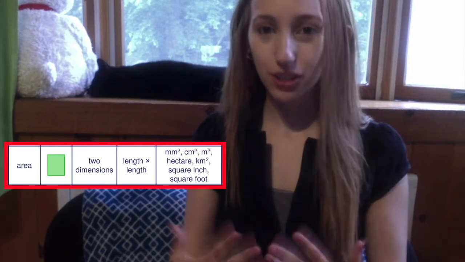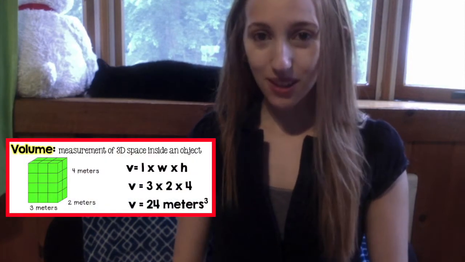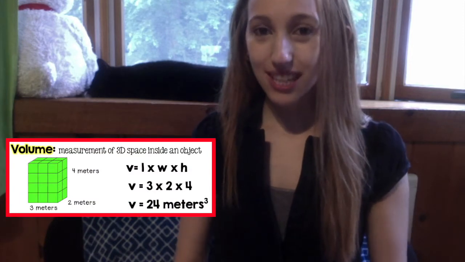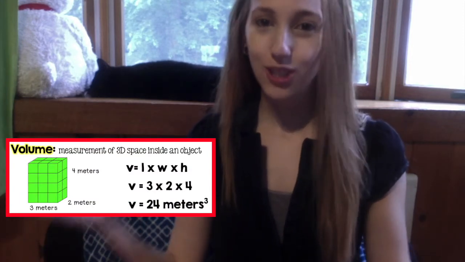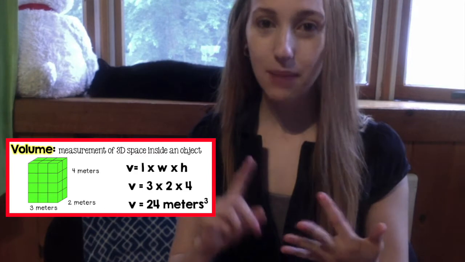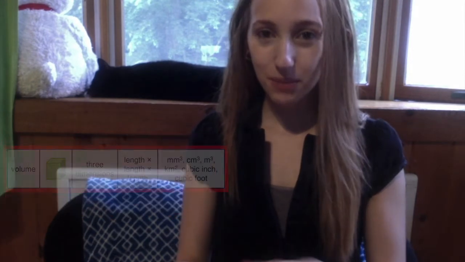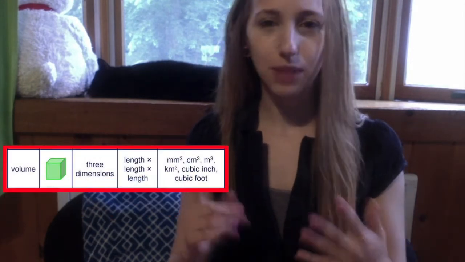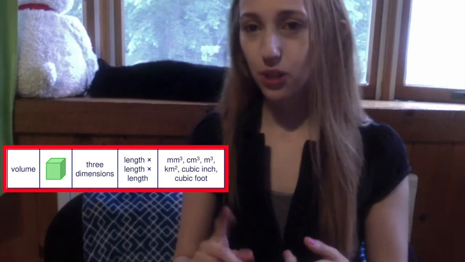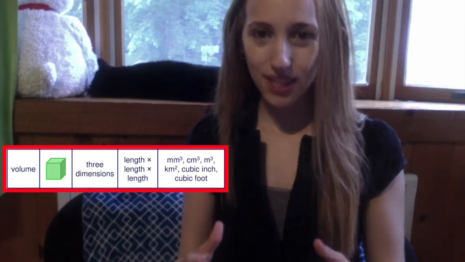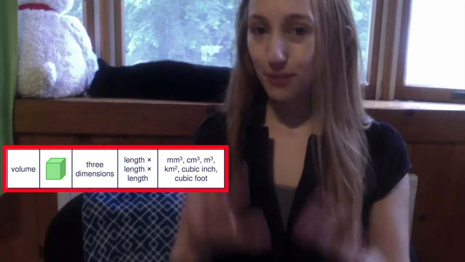And finally, we are going to finish up the year in the third dimensional world, length times width times height. That means volume is going to be measured in cubic units, cubic meters, cubic yards, cubic feet, cubic inches, always to the third power.